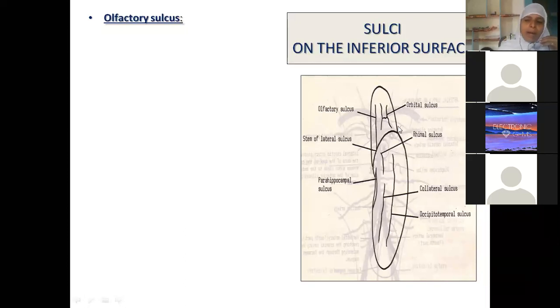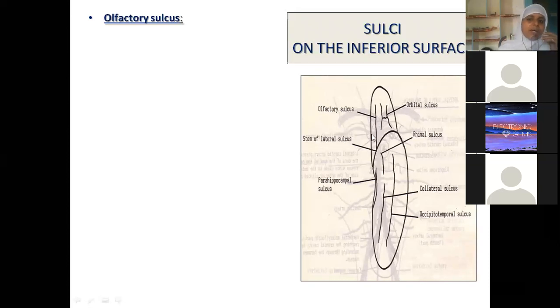In the orbital part, we have certain sulci and gyrae. If you remember, on the inferior aspect, we have the olfactory bulb and olfactory tract. If you lift and remove it, underneath that you will find one sulcus. That is nothing but the olfactory sulcus. Other than that, we have the H-shaped orbital sulcus. Okay. Now, the gyrus associated with the olfactory sulcus is called the gyrus rectus.